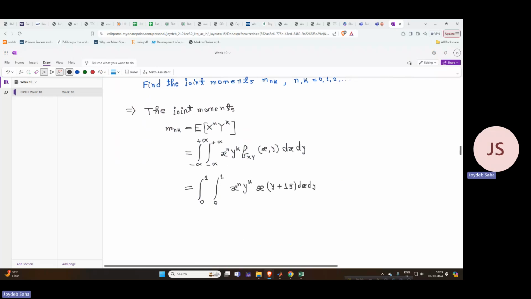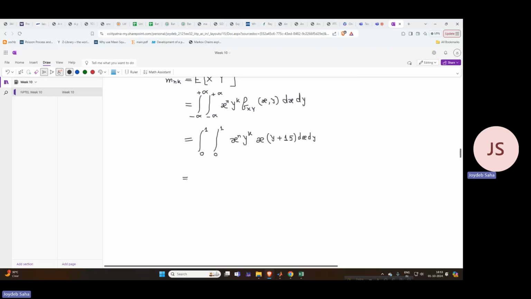Okay, so let us calculate the double integration 0 to 1 of x to the power n plus 1, y to the power k, y plus 15, dx dy.